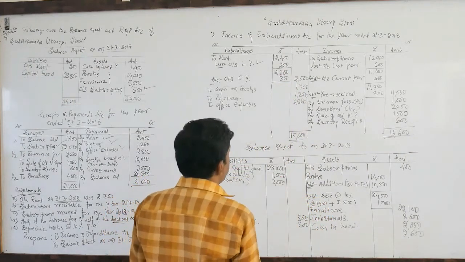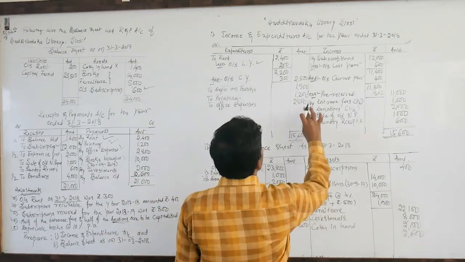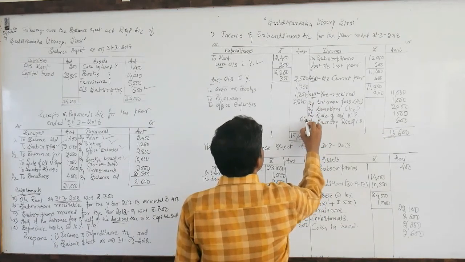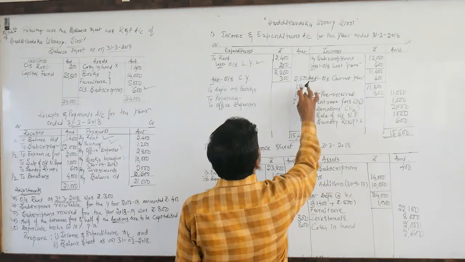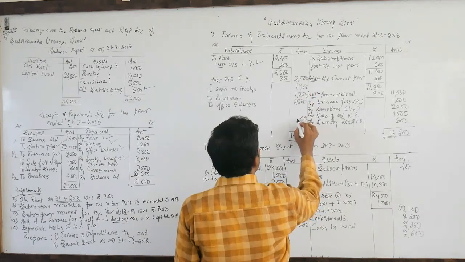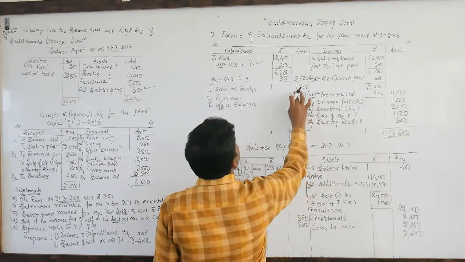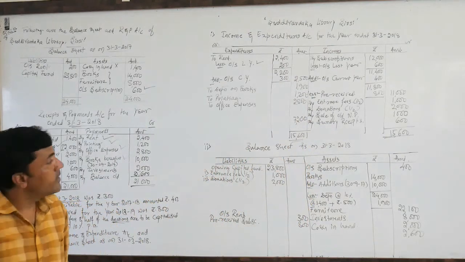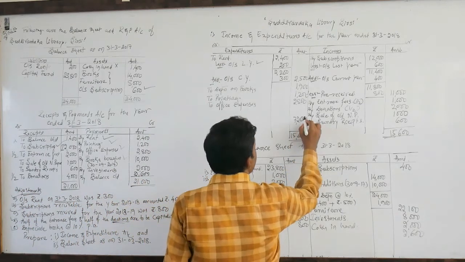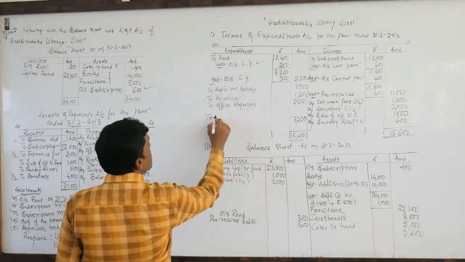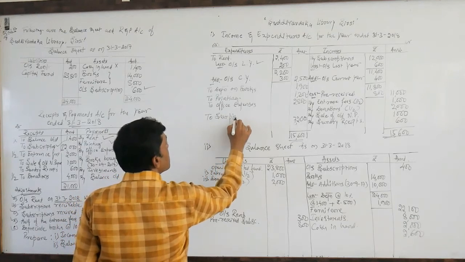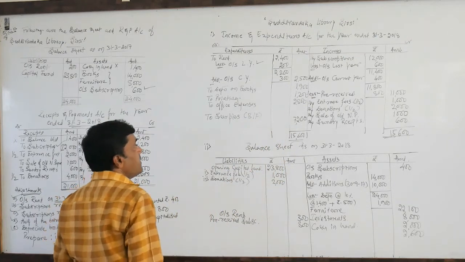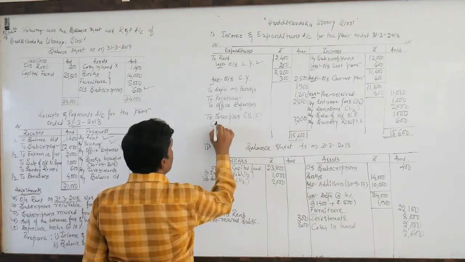So total of debits, and the resultant figure will be the surplus, which is the balance sheet figure of 7,200.